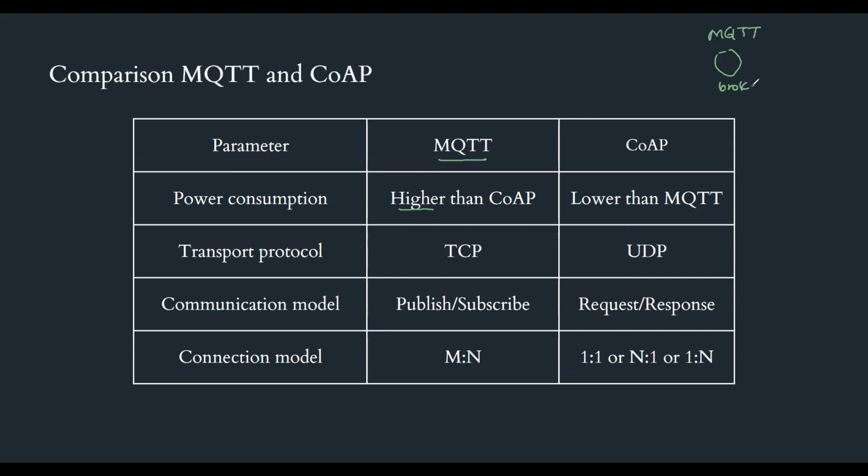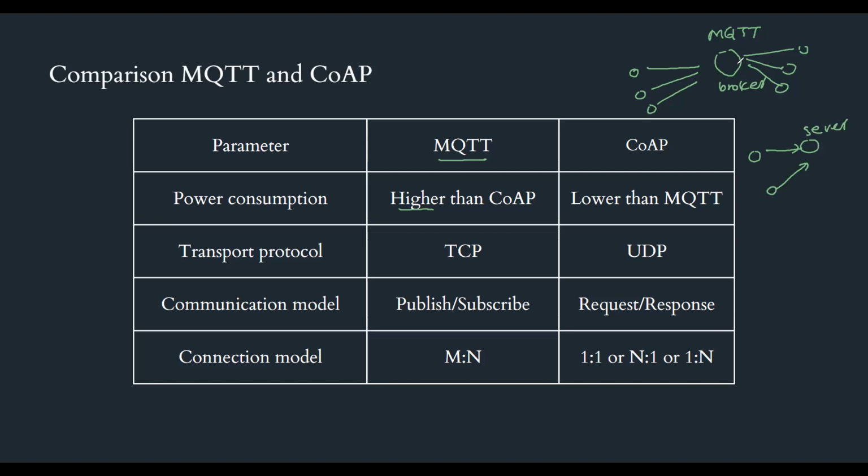So the broker is doing some additional work there, and therefore it needs to consume more energy for MQTT applications than CoAP applications, where you just directly talk to the server and the server responds back with a certain response.